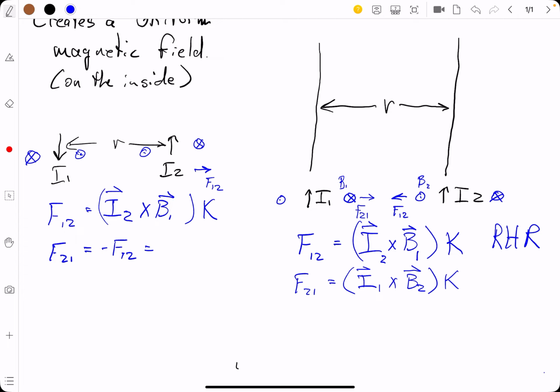I'm going to curl them to the B field from I2. And when I do that, I end up with a force that is definitely going in this direction. So there's the force of 2 on 1. And they're equal and opposite, and they point away from each other.